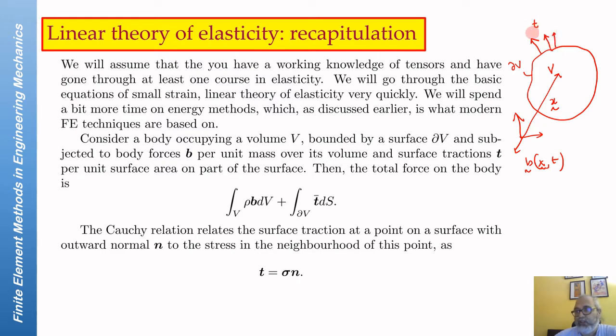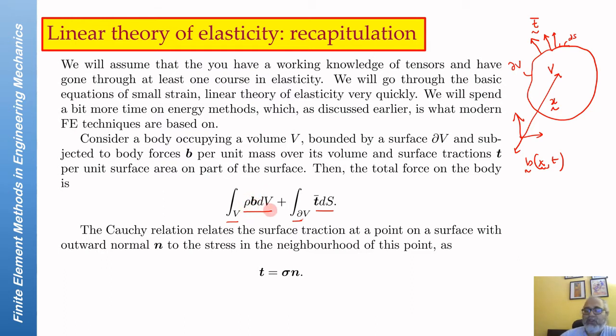a surface traction field, which we'll call t bar, specified as well, so that the total external force on the body is given by rho b dV integrated over the whole volume plus t bar dS integrated over the whole surface, where a small element on the surface is dS, and this is for body force per unit mass.